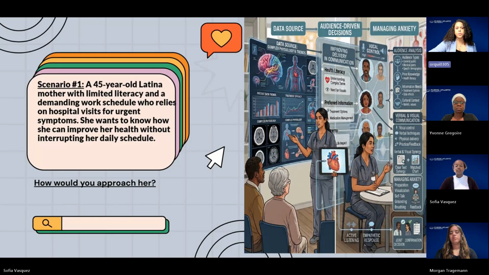Are the clinic hours open when she can get here? Does she have travel to come to the clinic? Therefore, we cannot just explain to her what her condition is without taking into account who she is and how we can meet those barriers to ensure that she gets the care that she needs.